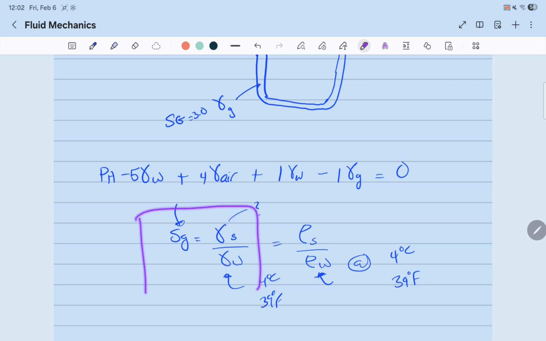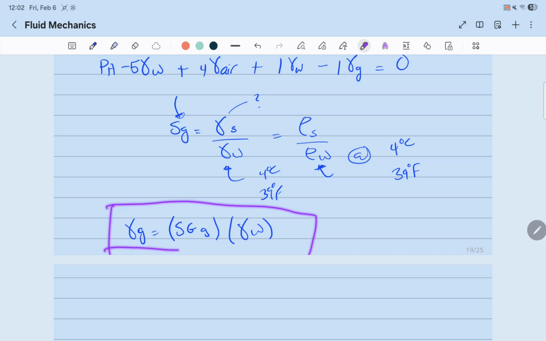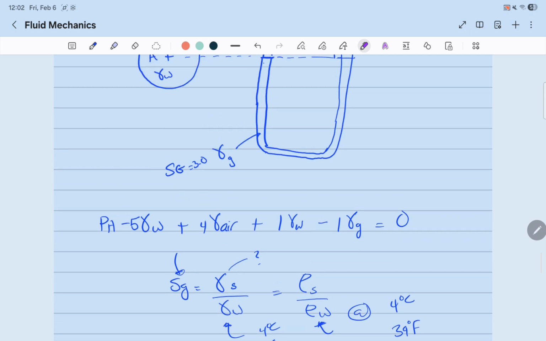For our case, the specific weight of G equals the specific gravity of G, which is given, times the specific weight of water at 4 Celsius or 39 Fahrenheit, and that's how you'll get the specific weight of the unknown fluid.